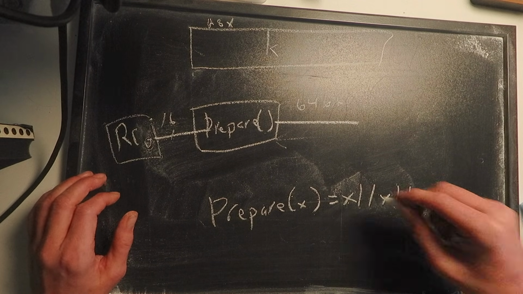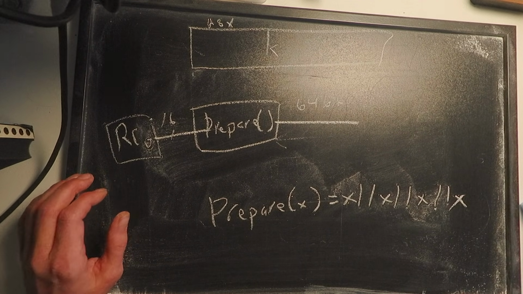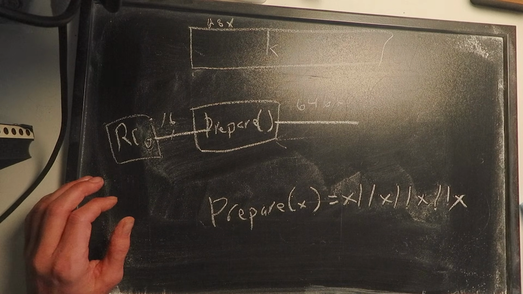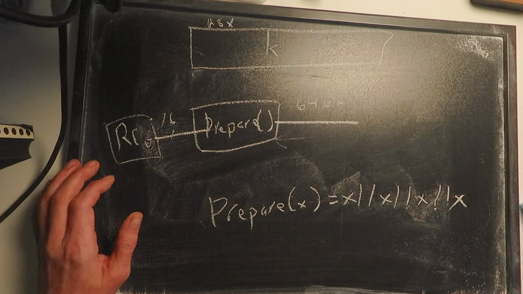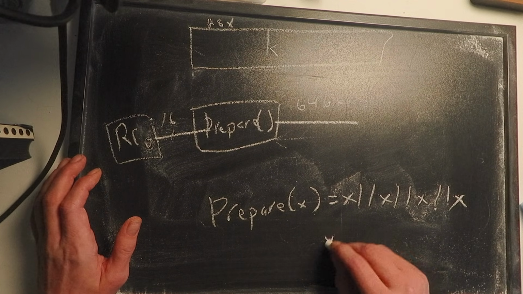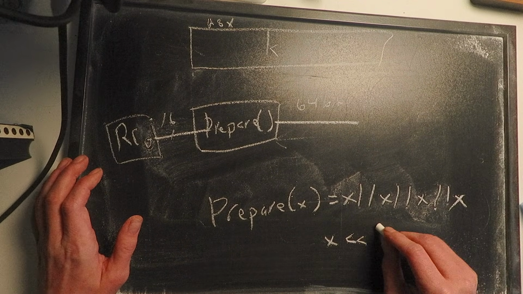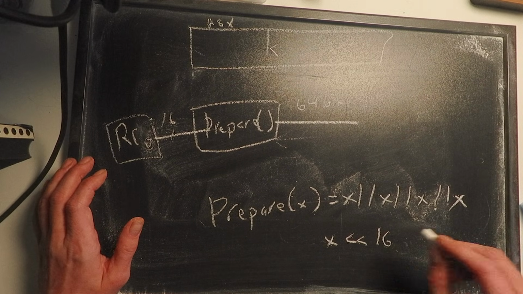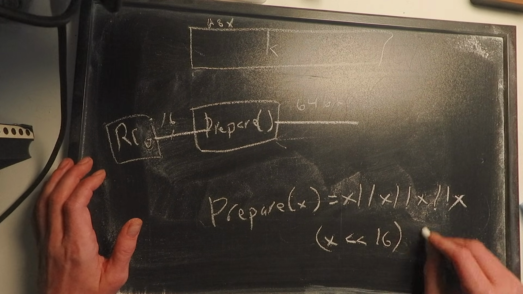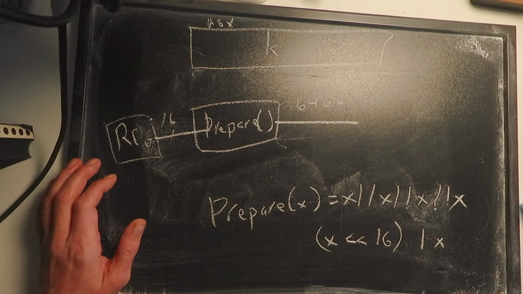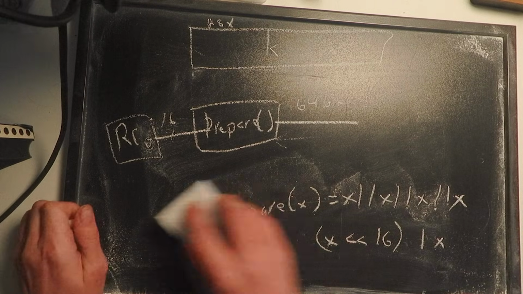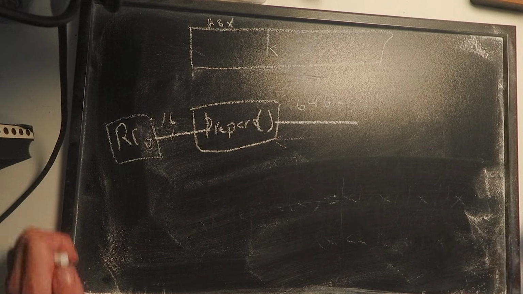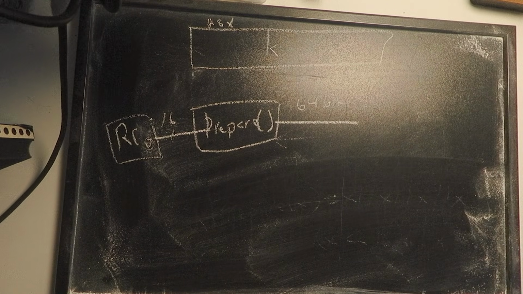So basically we just repeat the 16-bit round constant 4 times and put it next to each other. And how do we do this in C? Well, we take the x, shift it 16-bit positions, and we OR it with x. And then we repeat this 3 more times. So now we have a 64-bit round constant.